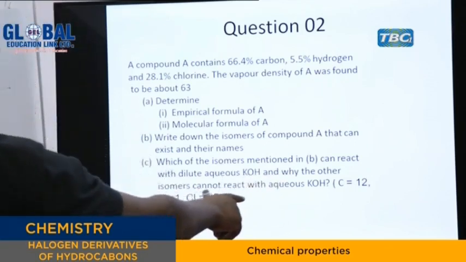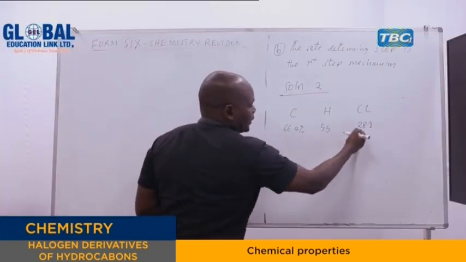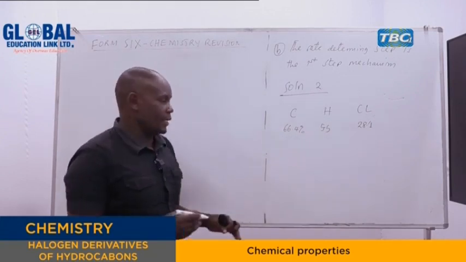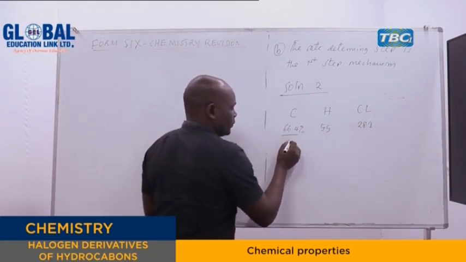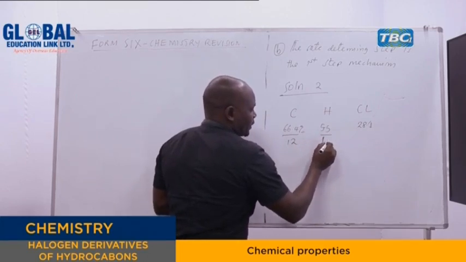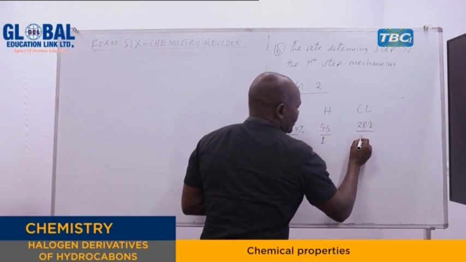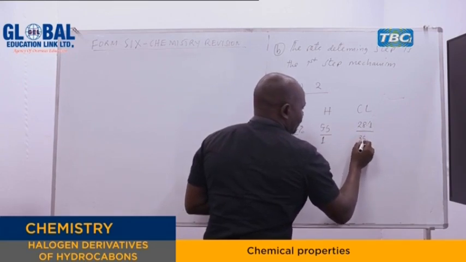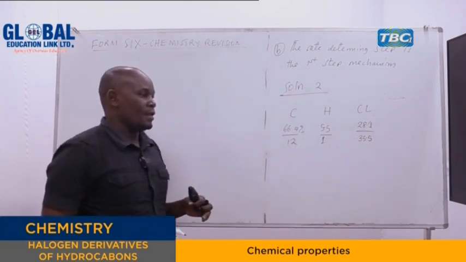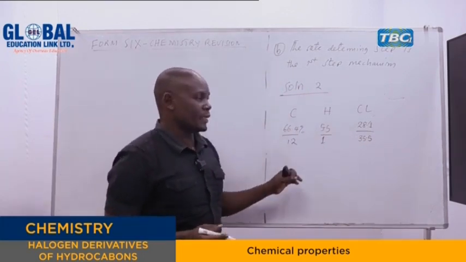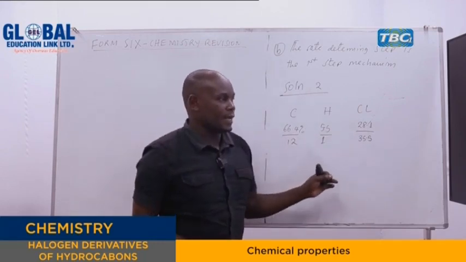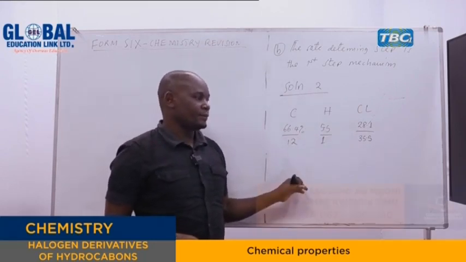The atomic mass of carbon is 12, so we have to divide the percentage by the atomic mass of each element. Here we divide by 12, here by 1, and here by 35.5.